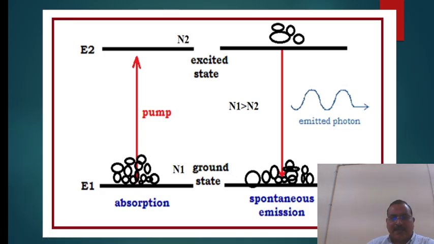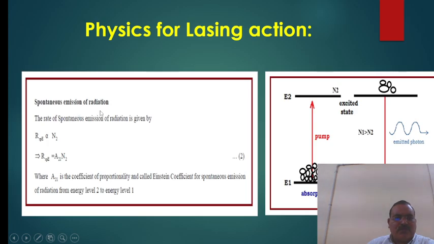Okay, now the second, yes, this is the figure that you have to understand. Now spontaneous emission, the second process. The rate of spontaneous emission is directly proportional to N2, because you have the same atom here, and the energy absorbed by this atom, that is the photon, is within this atom.